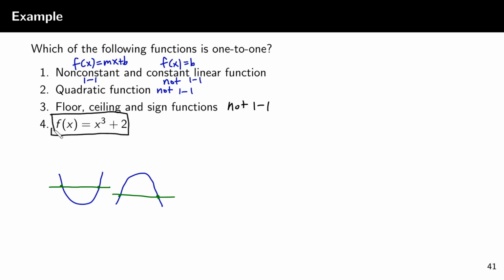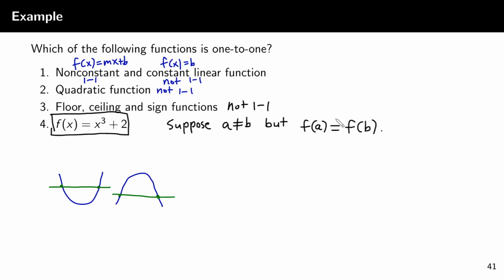here's what you have to do. Okay? So first, you're going to assume that a is not equal to b. That's the first assumption. But f of a is equal to f of b.